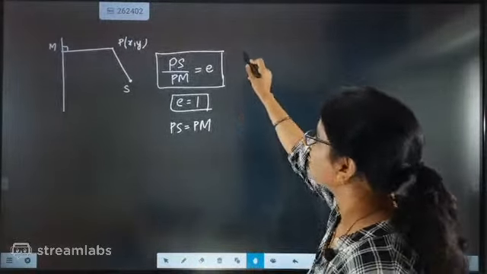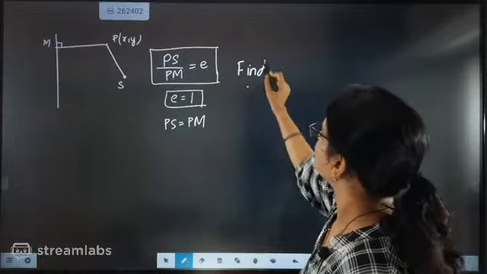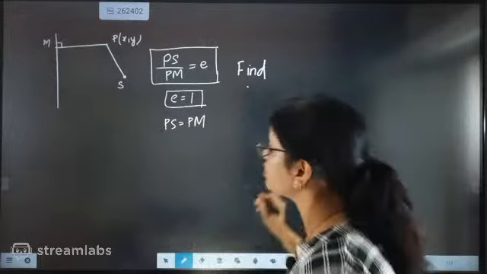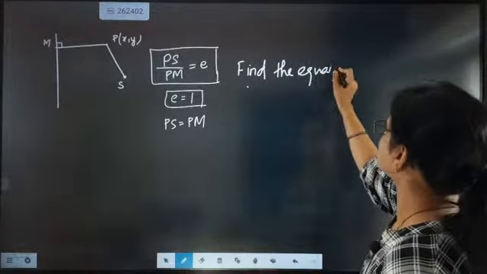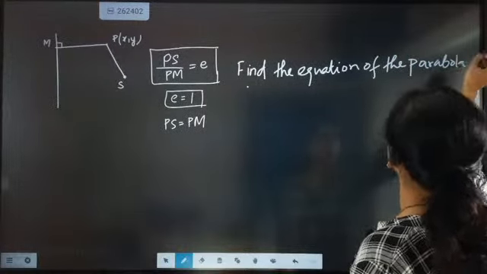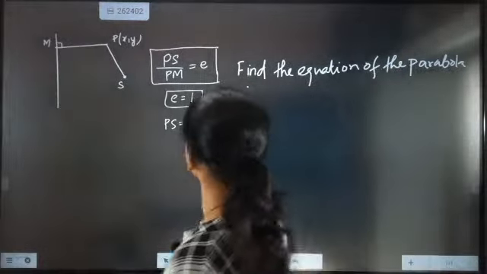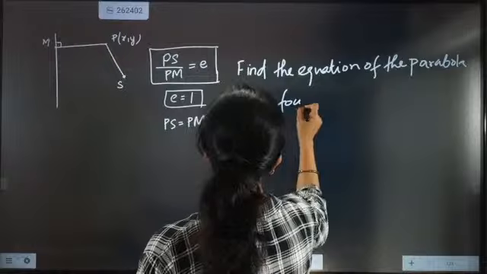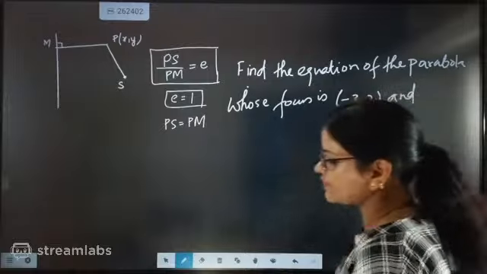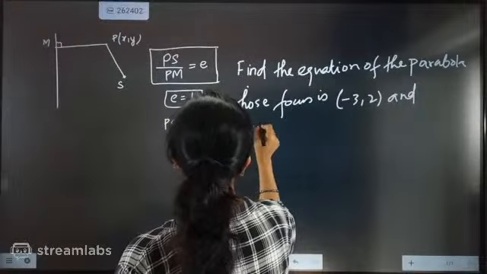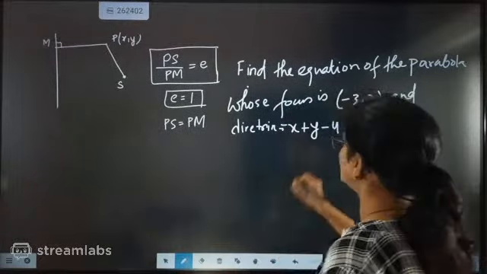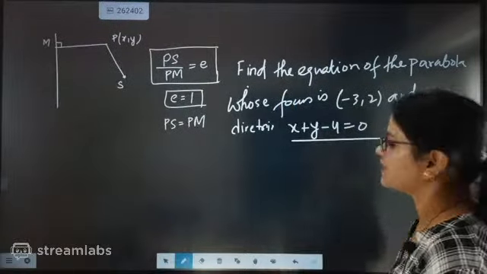One question: find the equation of the parabola whose focus is (-3, 2) and directrix is x + y - 4 = 0. We will discuss everything about the parabola, don't worry, but let's see this question first.